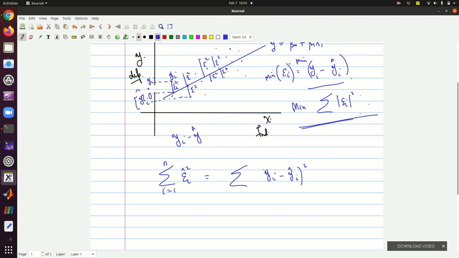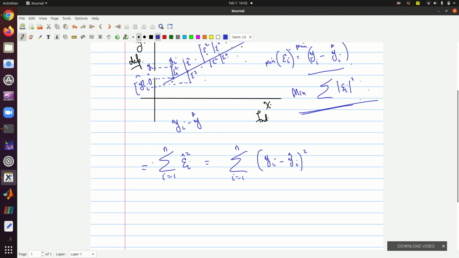So we're squaring the left hand side and also the right hand side, from i equals 1 up to n. So this is what we are going to do.